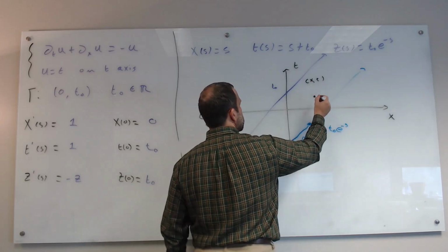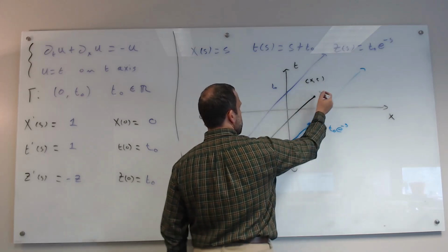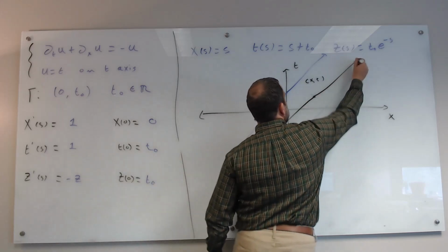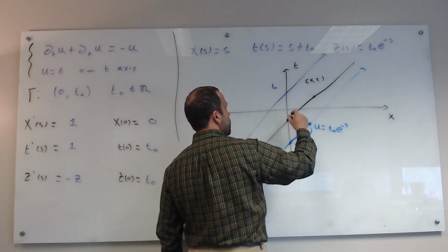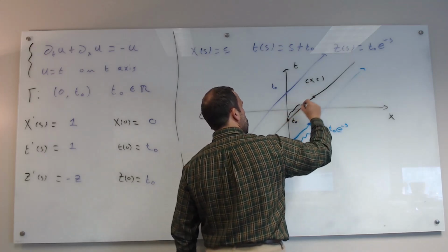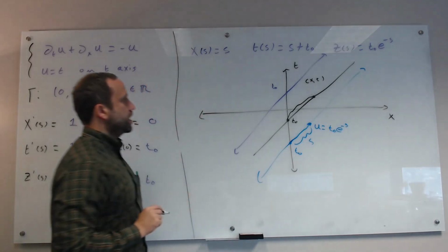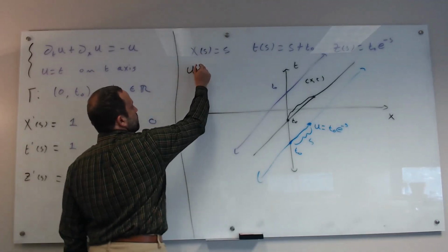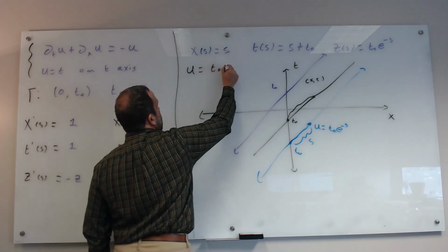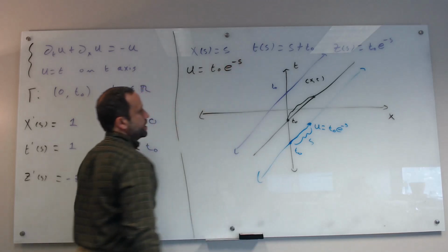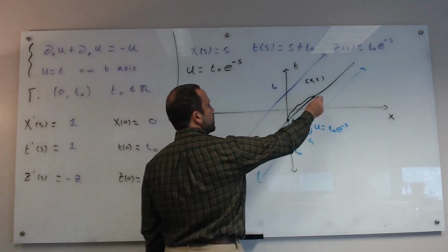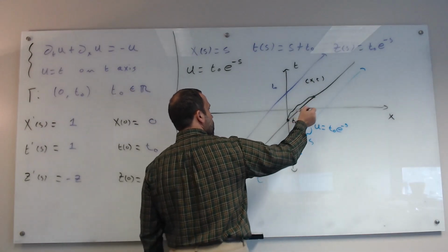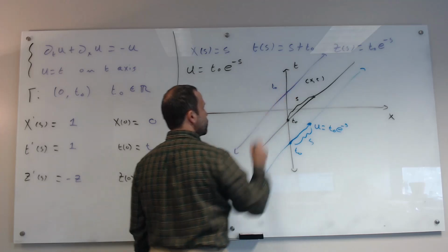So this is my x, t, so I'm going to trace it backwards to see where it crosses the t-axis. In this case, it's going to be right here. This is the t naught, and then see what my s value is, and that's going to give me u at that point is going to be equal to t naught e to the minus s. Well, again, geometrically, that's what's happening. I'm tracing back to t naught and then going forward to see whatever this s value is there.